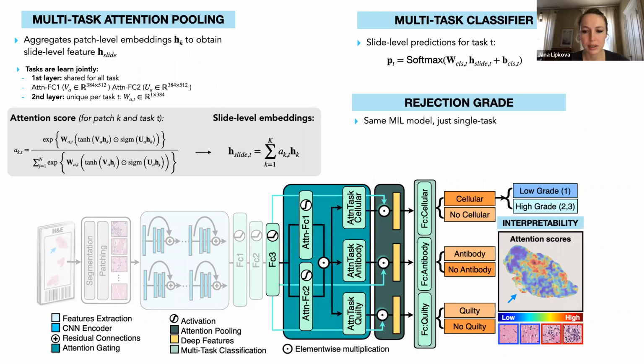And I told you there are 3 grades, but we divide them into 2 groups. So we just have a binary classifier that will predict if there is low versus high grade rejection, where low would be grade 1 and high is grade 2 or 3. And the reason why we combine grade 2 and 3 together is because the low grade rejections don't usually require any intervention.